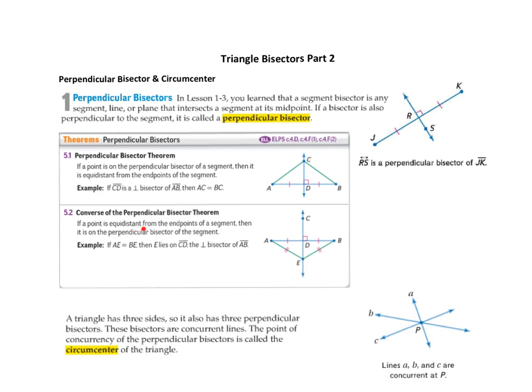If a point is equidistant from the endpoints of a segment, then it is on the perpendicular bisector of the segment. That is to say that if we have AE and EB being the same measurement, then CD, by definition of being equidistant from both points A and B, would be our perpendicular bisector.